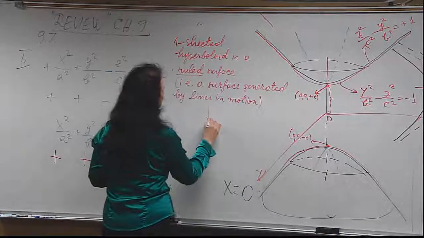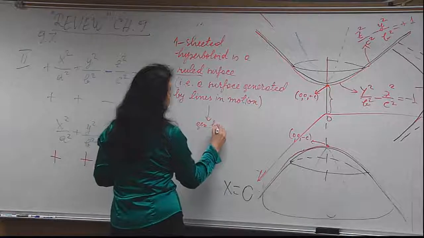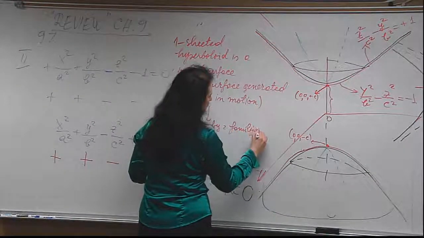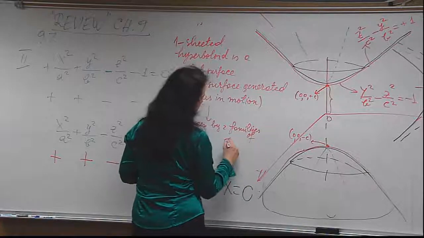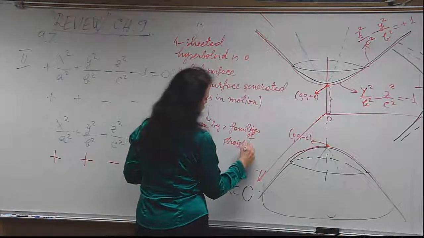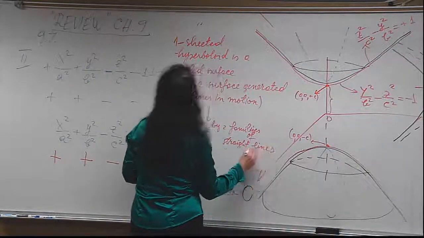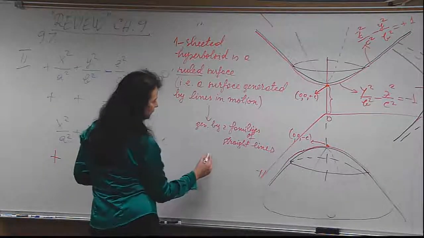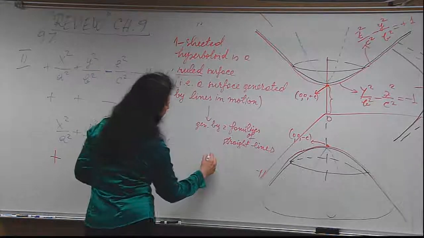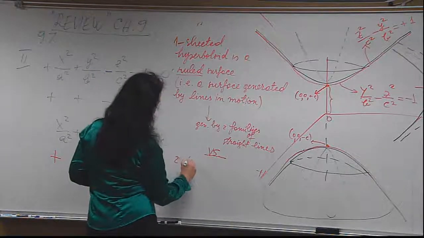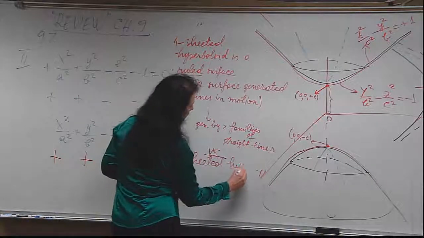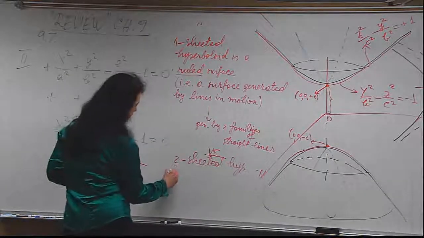Actually, it's generated by two separate families of straight lines. Versus the two-sheeted hyperboloid, that is not a ruled surface.